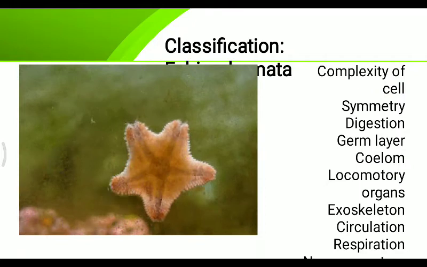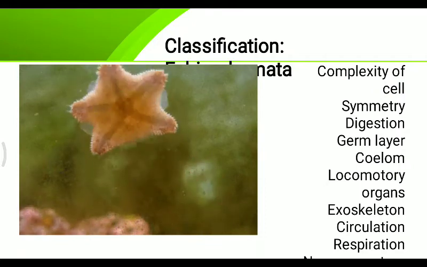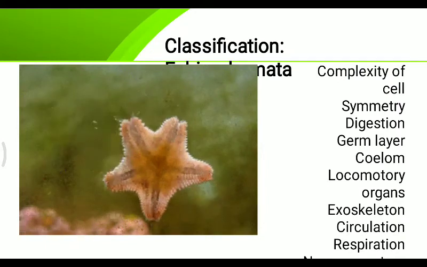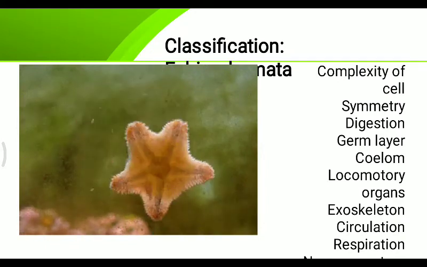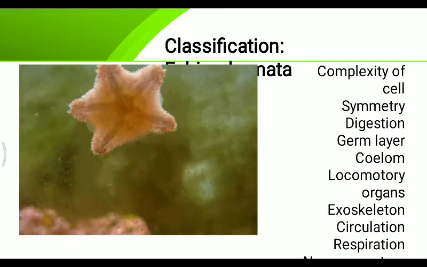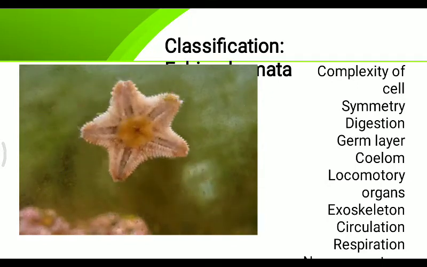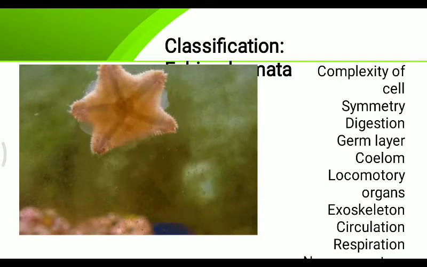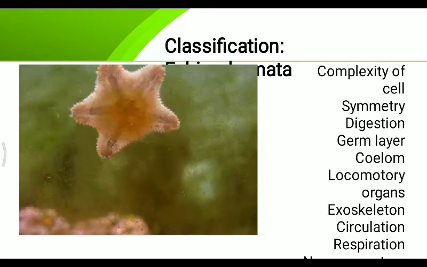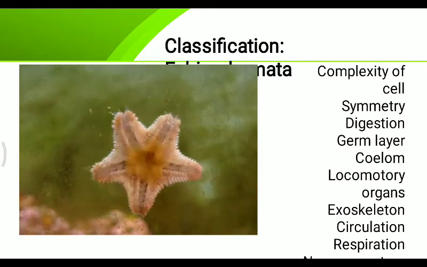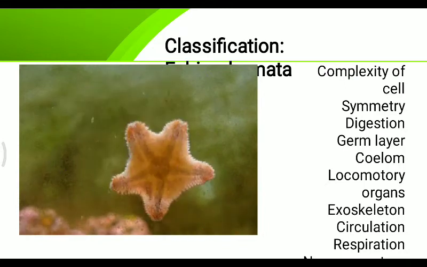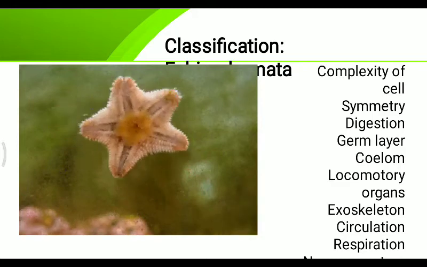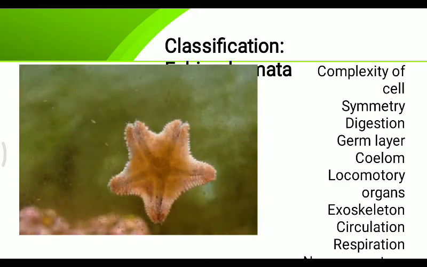So I can say that echinoderms are pentamerically symmetrical. One more feature I would like to add, according to its name, Echinodermata: echino stands for spine and dermata means skin, so spiny-skinned organisms. All the representative animals in this group are spiny skinned, along with some other features which are listed on the right side.